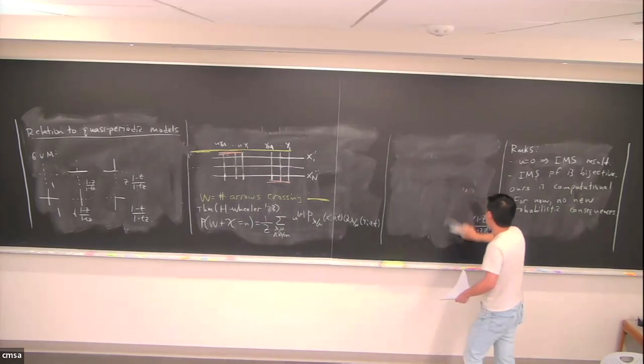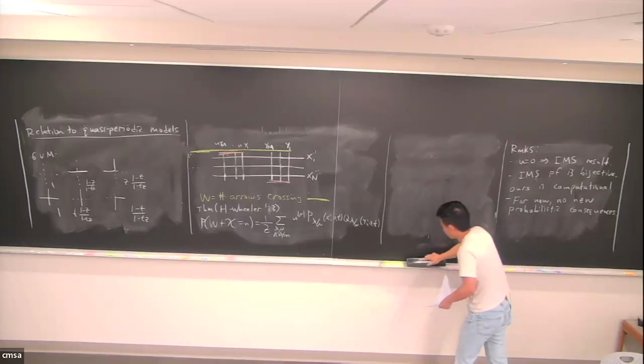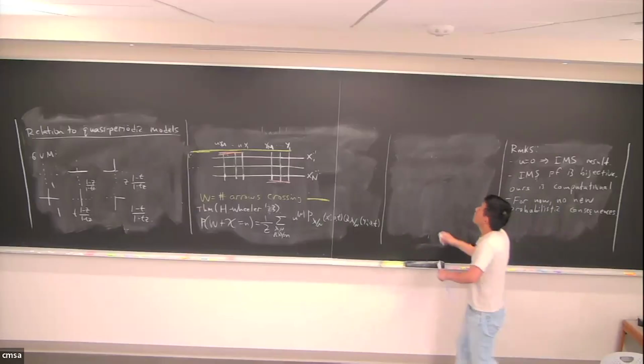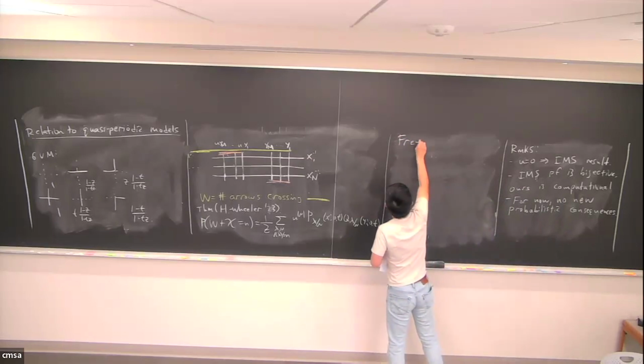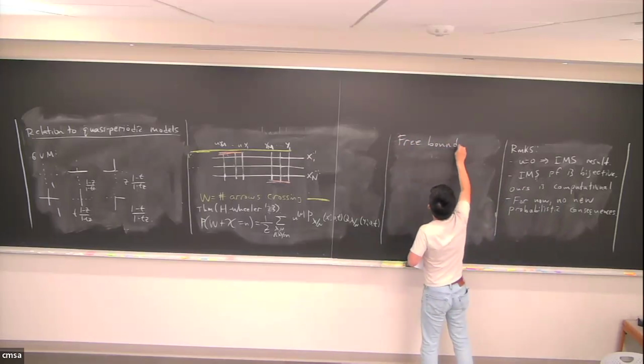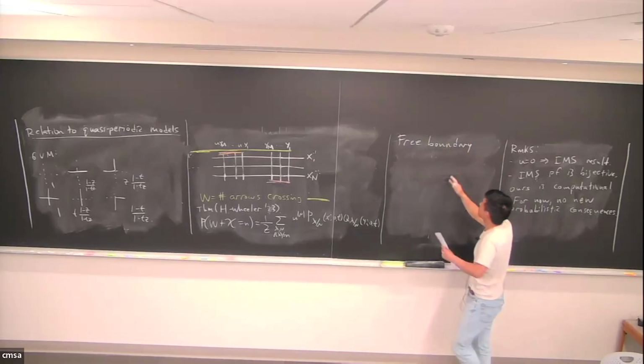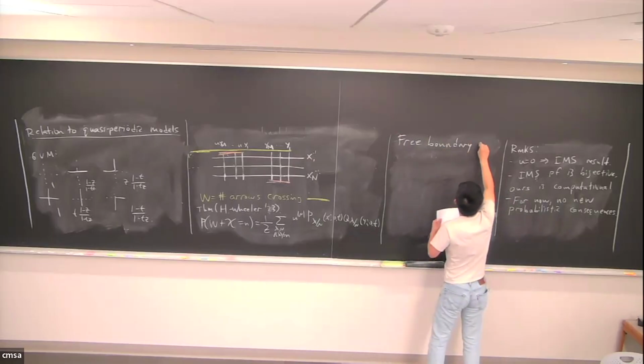But they're more complicated to write down and maybe parse. So I think it's good to see the periodic setting first. So let me now talk about free boundary. And you can also think free boundary means open, for reasons that I will try to explain.